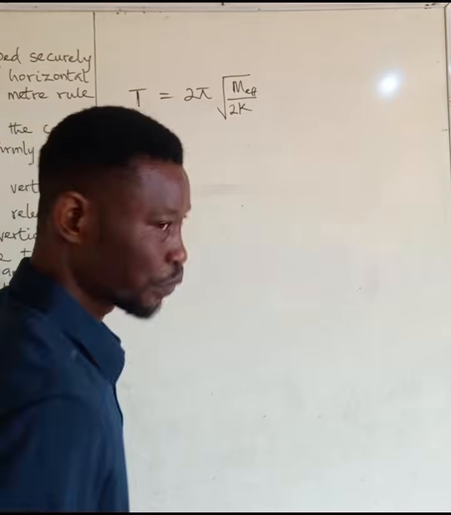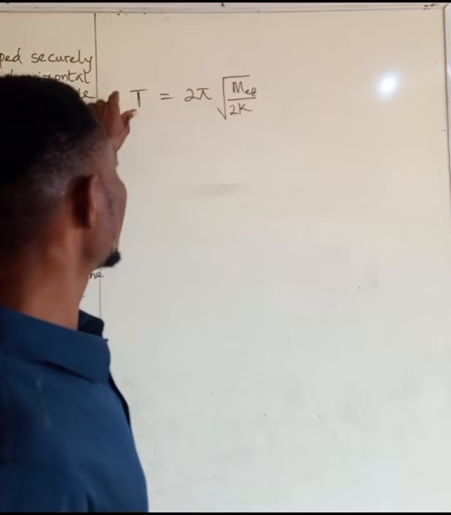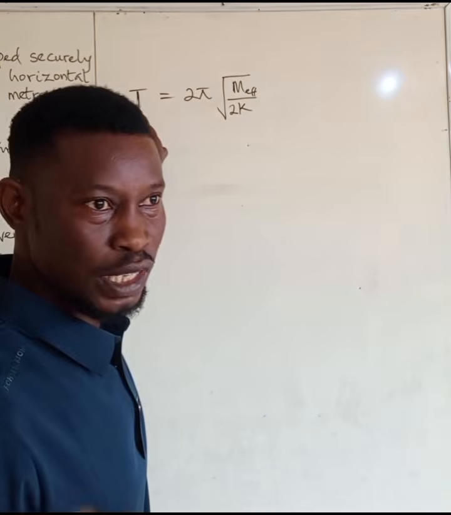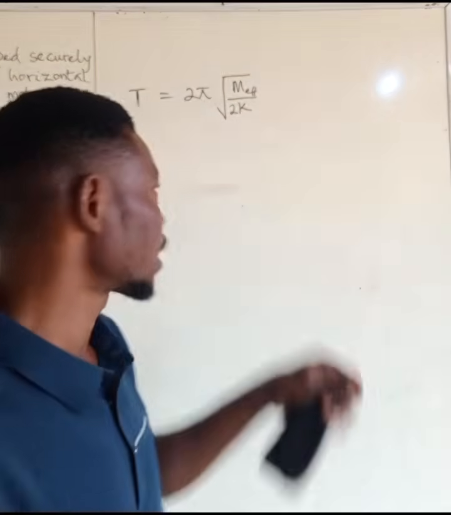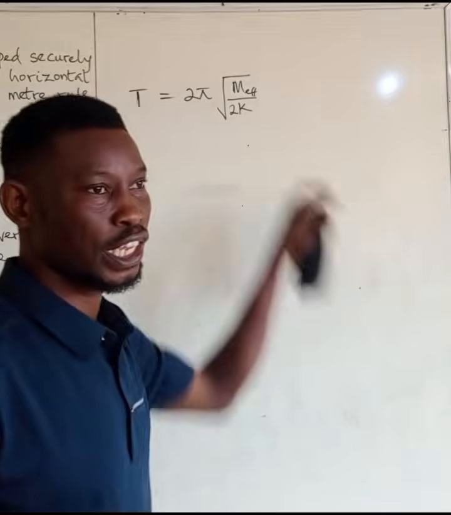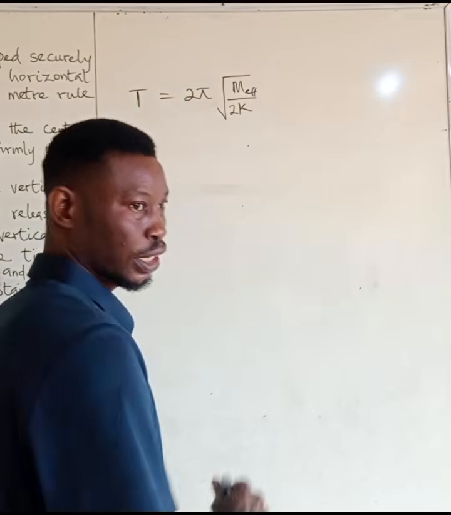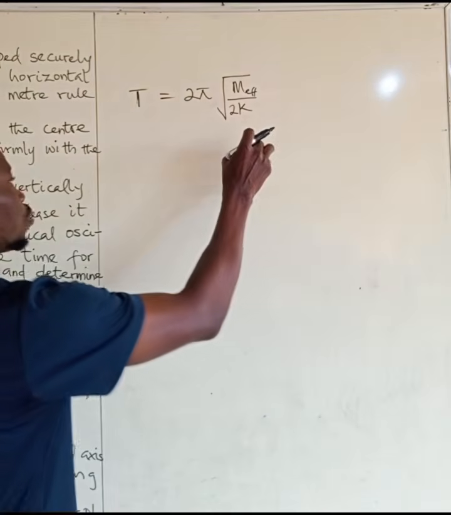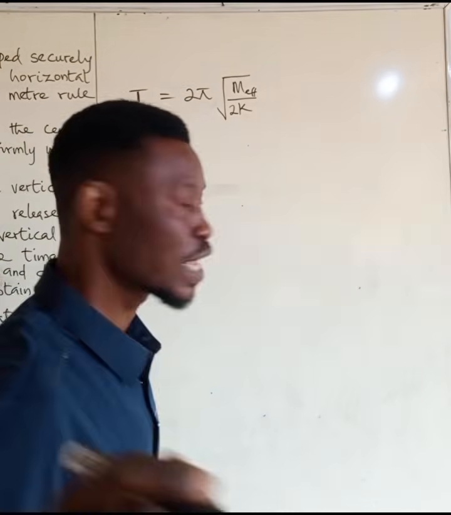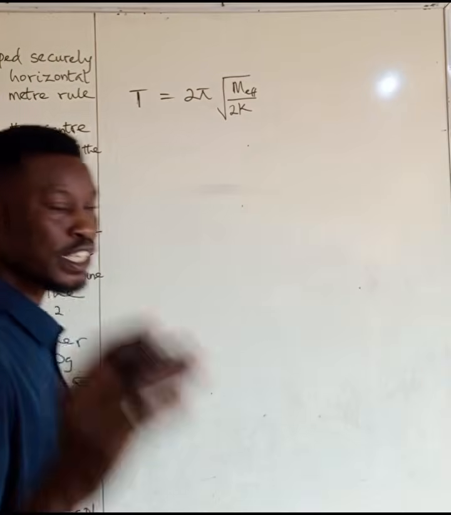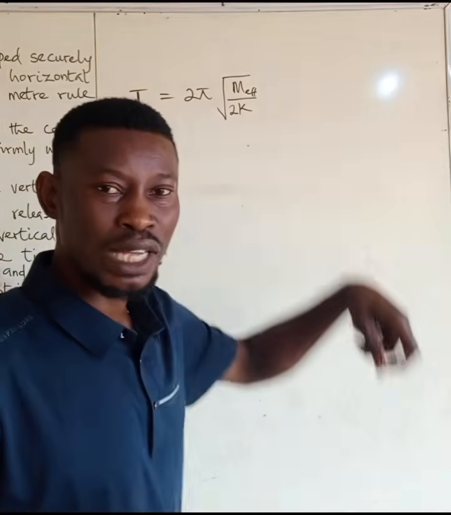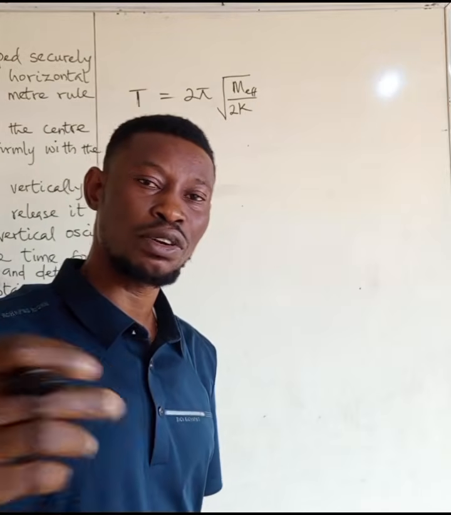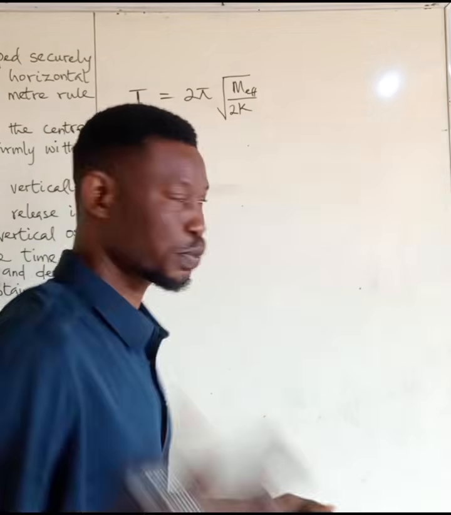So we continue. Now remember that in this equation, T represents the period, M here represents the effective mass of the entire system, while we have 2k here for the spring constant. So what we should have is that because when the system is oscillating, it is not just the standard masses that will oscillate, but the meter rule and even the spring as well.